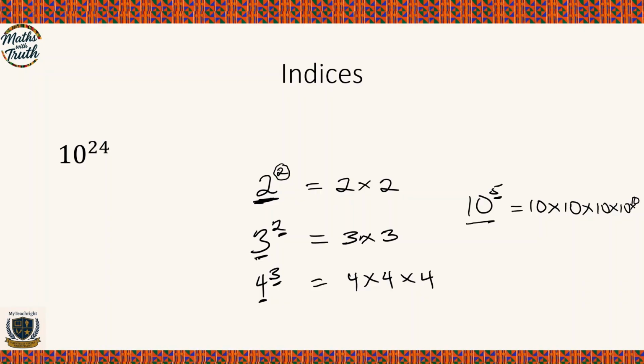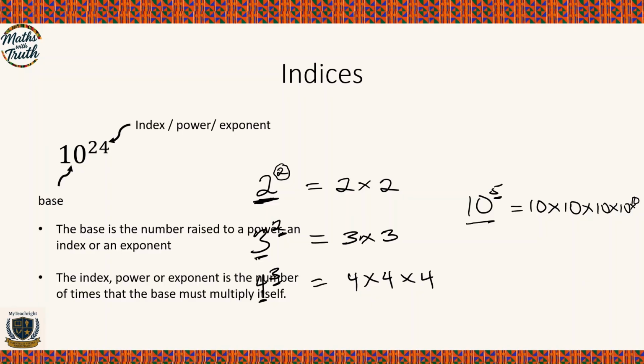That is indices. Here, this is the base, and the number written like a superscript is the index or power or exponent. And yep, that is their formal definitions or explanations, what they are.